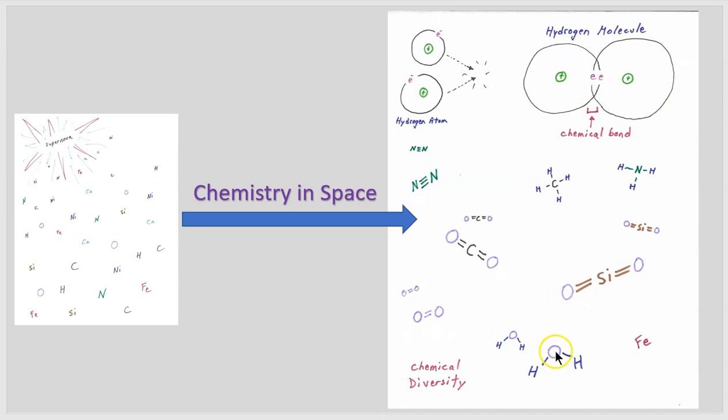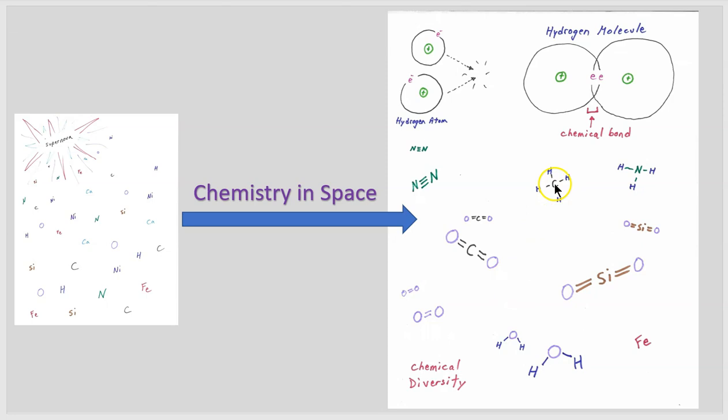So the oxygen atom, if you take a look, tends to make two chemical bonds. So here's an oxygen atom making two chemical bonds with another oxygen atom, so it's sharing two pairs of electrons. Here's an oxygen atom making two chemical bonds with a carbon atom. So the carbon and the oxygen here are sharing two pairs of electrons. Notice the carbon atom tends to make four chemical bonds.